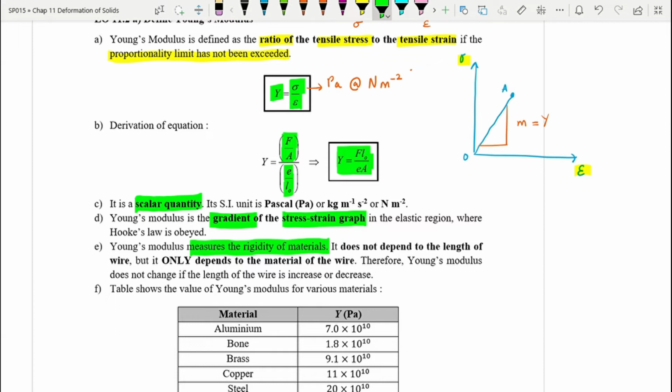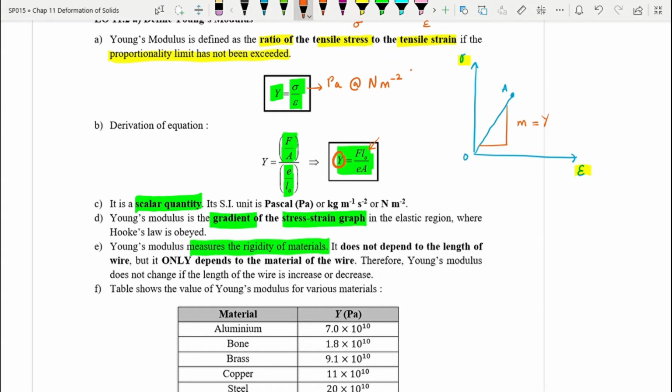Even though in the formula of Young's modulus we have length, Young's modulus only depends on the property of that material. It does not depend on length. So imagine you have two copper wires with different lengths. The first one is 5 cm and the second one is 10 cm.